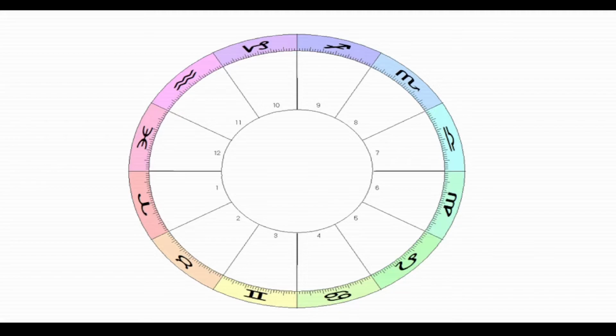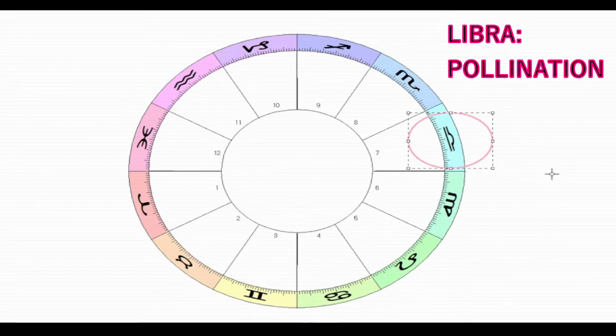All right, so moving on to Libra. Libra is the flower getting pollinated. So Libra is the cardinal sign, the first month of the fall, and this is the fall equinox. Libra is concerned with equality, balancing of the scales, and begins on the equinox when there's an even amount of daylight and nighttime.